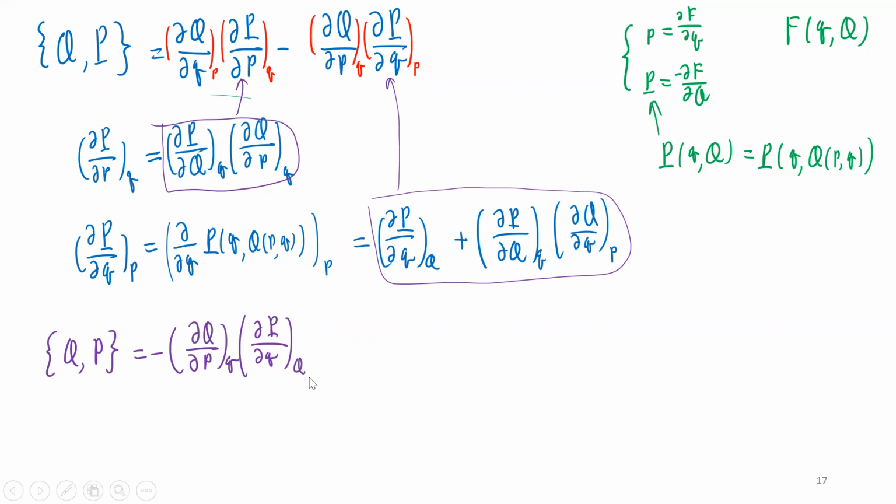And now, if you look at this partial capital P, partial small q, and then look over here, you can see that this one can be written as a second order derivative, which is this.